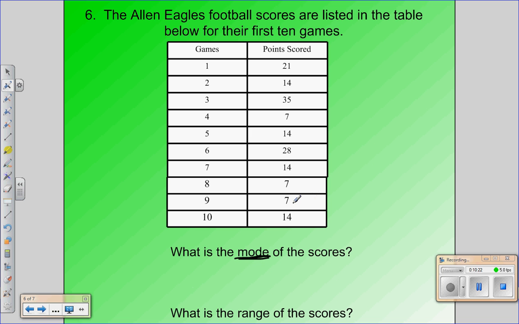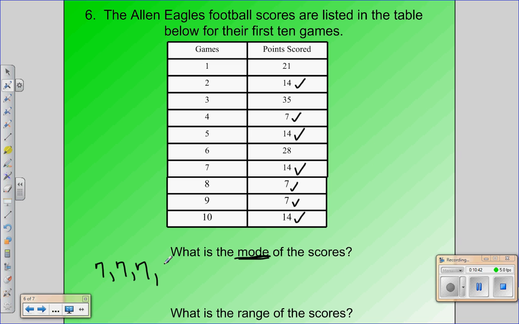My lowest score is a 7, and I have 1, 2, 3 7s. So I'm going to write 7, 7, and 7. My next numbers are going to be 14. Here's a 14. 1, 2, 3, 4.